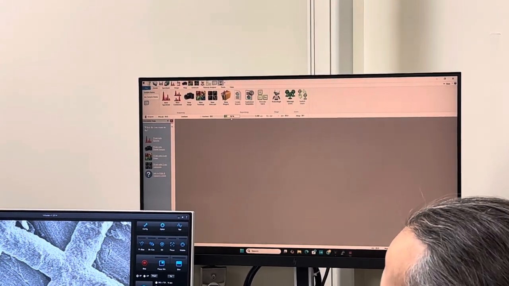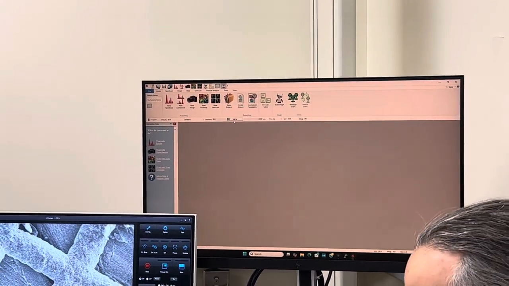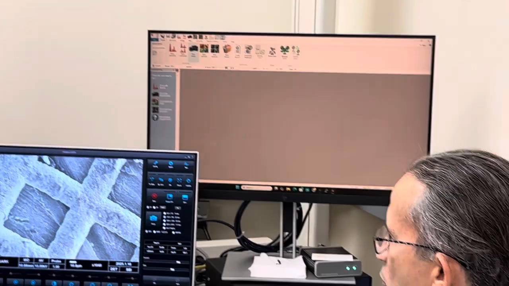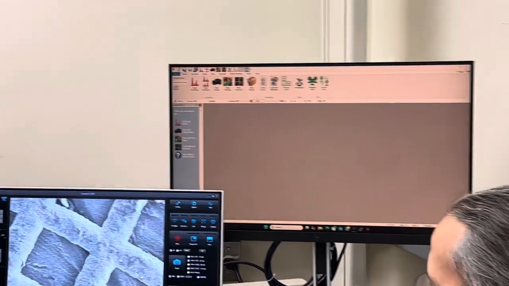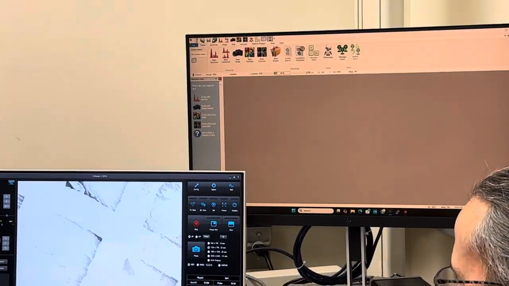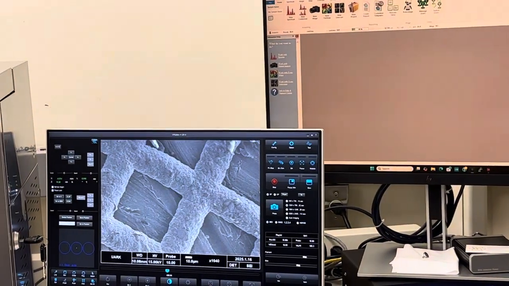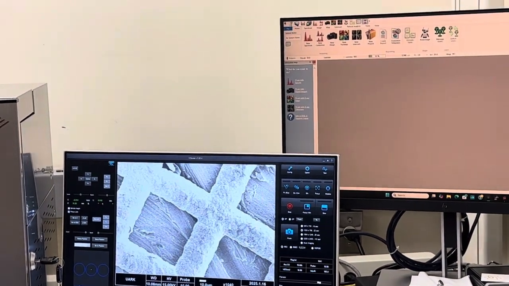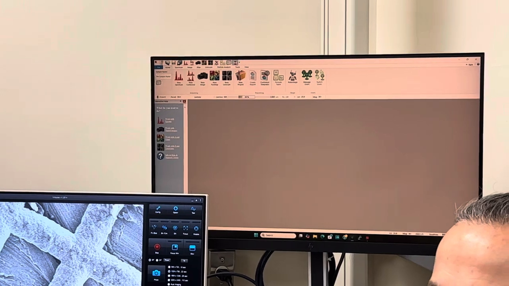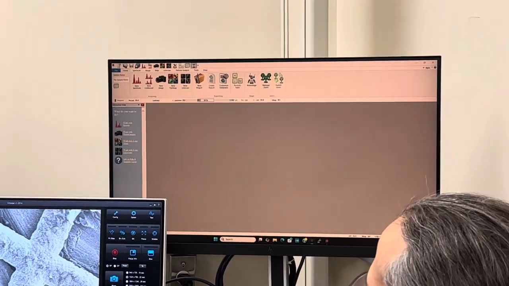So the beam diameter is responsible for counts per second. If I take my probe current down here, that's at 1, and I move this probe current to 10, what happened to my counts per second? Went up. All right, so it's up to what?